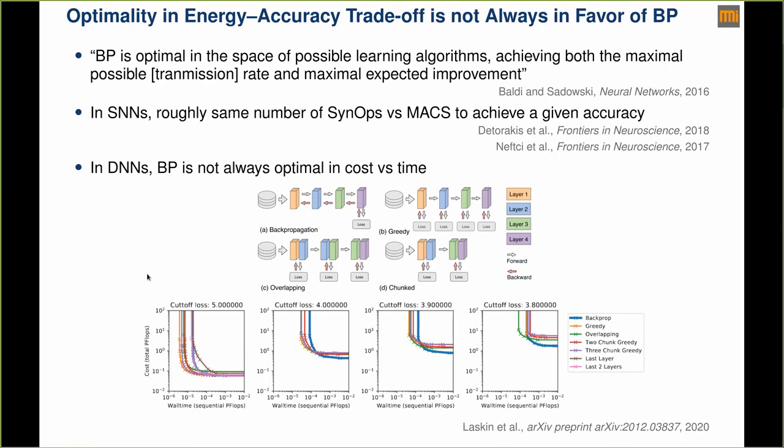If you look at the cost versus the time necessary to achieve this, the Pareto front generally does not include backpropagation, which is the blue curve here. So there are cases where these approximate methods of breaking the spatial credit assignment can actually help you, especially if you're looking at the energetic cost of the training.